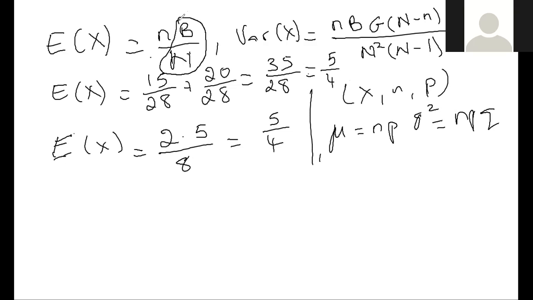That is like the probability of success. It will help you to remember the mean of a hypergeometric distribution. For the variance, I will write it as n times b over N times g over N. This is already the npq.